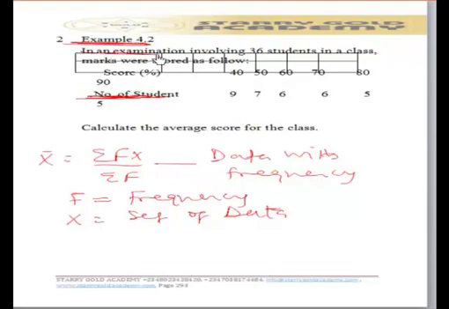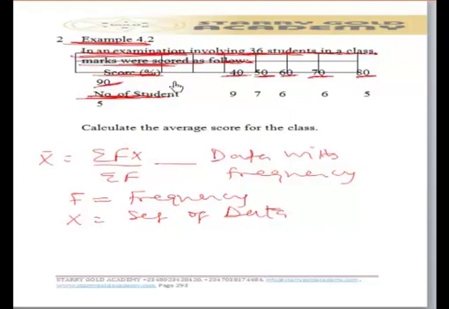In an examination involving 36 students in a class, marks were scored as follows. We have the score in percentage: 40, 50, 60, 70, 80, and 90.